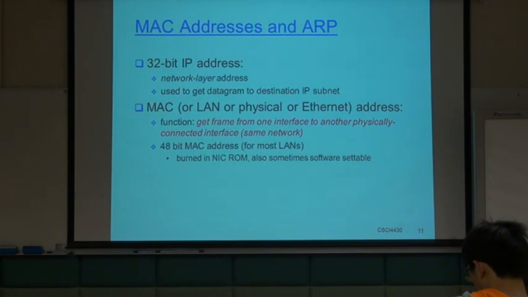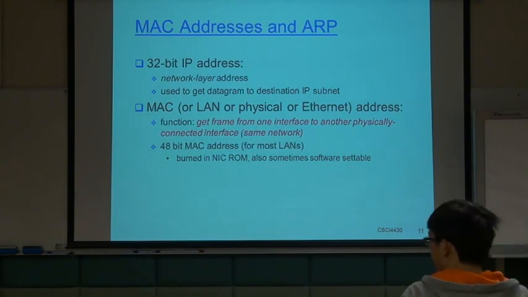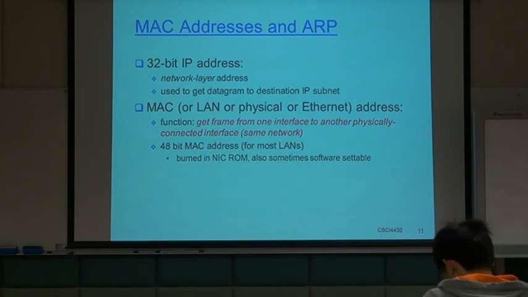First of all, in the link layer, we will look at the Ethernet implementation. There are many link layer implementations, and the one we are looking at is Ethernet. When you buy a network card, there will be an address, which we call the Ethernet address, or sometimes the MAC address.